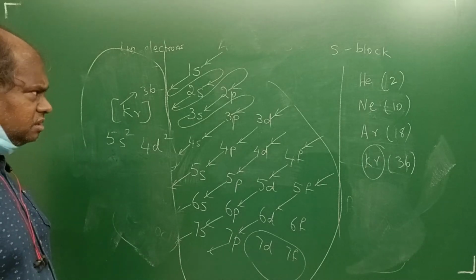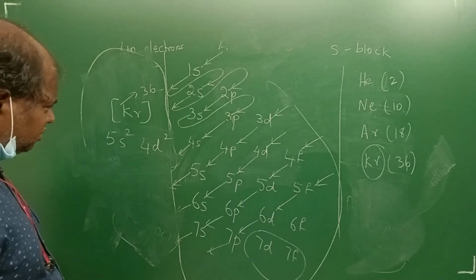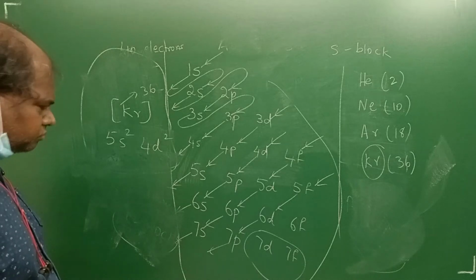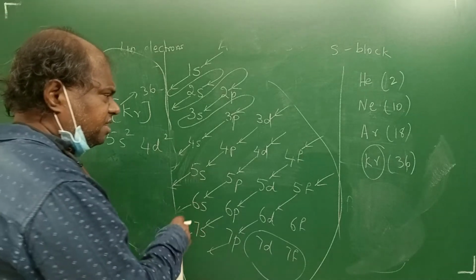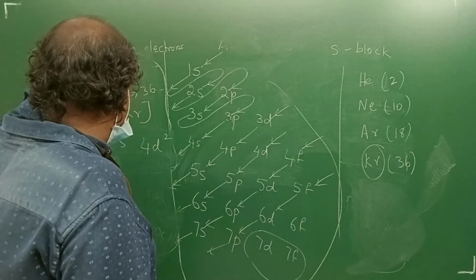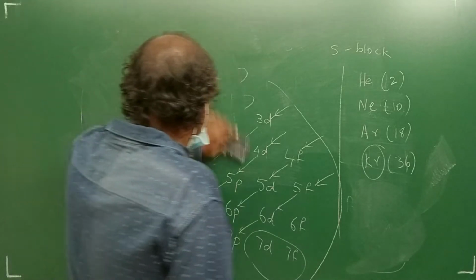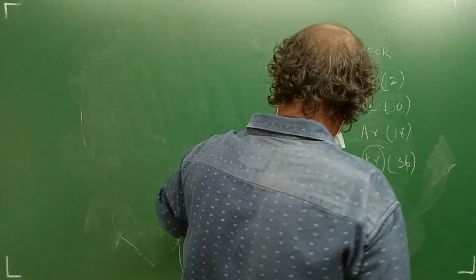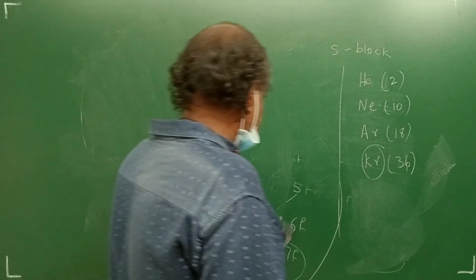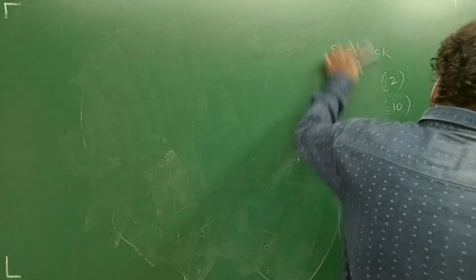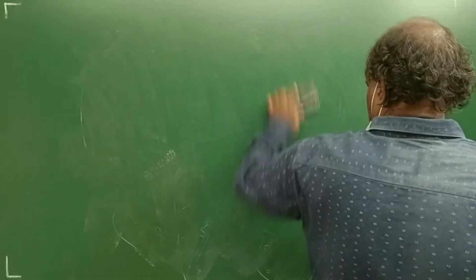So this is how you will write the electronic configuration. You will write this as a d block element. I hope you understood. You can write this for any element.